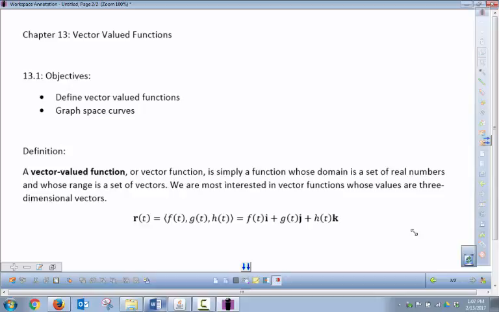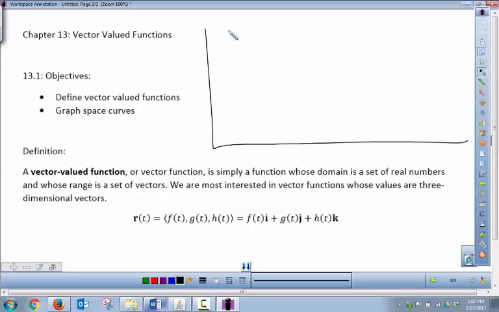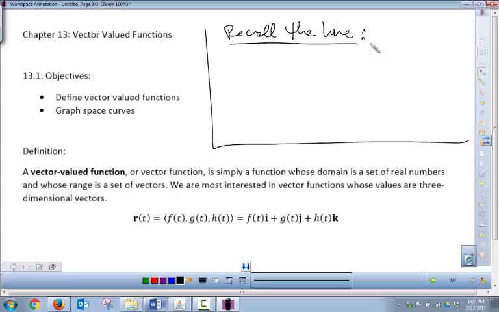So if you remember the line, what do you need for an equation of a line? Point and direction. So for a line, you need a point and a direction. Remember, the rest of the semester, when I ask what do you need for an equation of a line, this is what I want to hear.